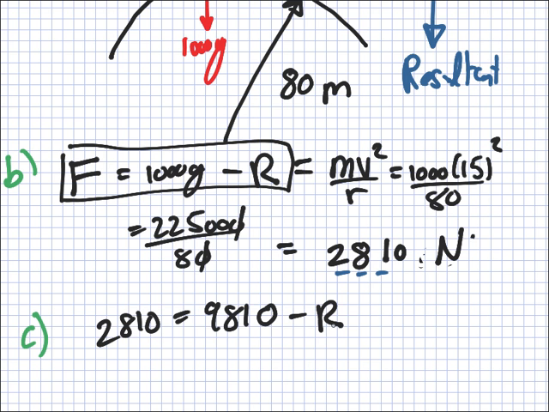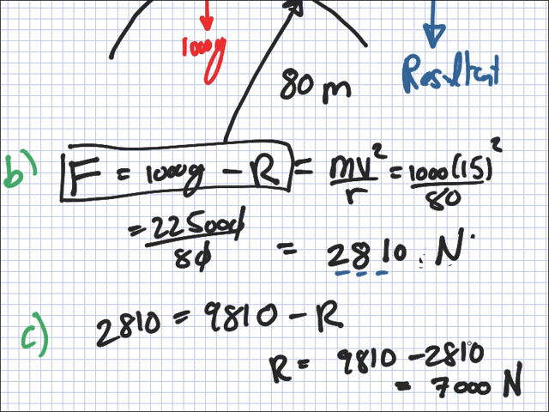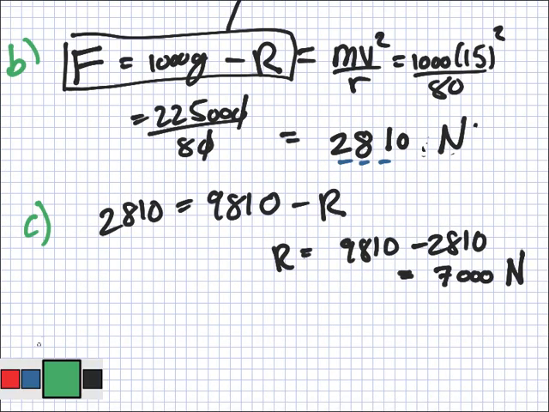So R is 9810 minus 2810. Oh, nice. 7,000. Yeah? Yes. And what did they say to show, Siva? They said show that the reaction force is approximately 7,000. Yeah, it's exactly that. Nice.